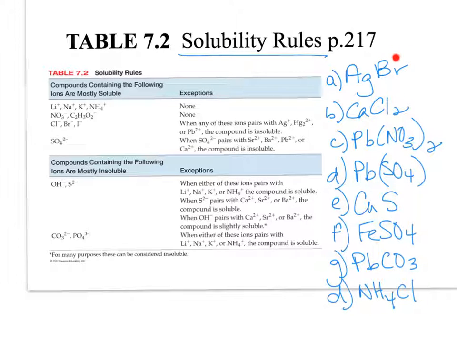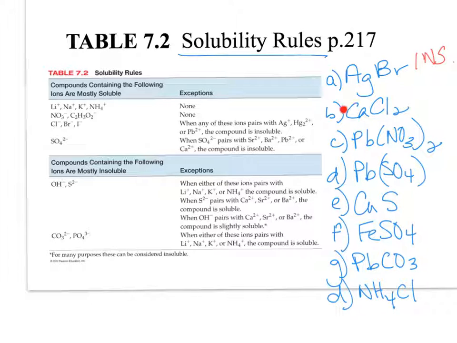So even though we have bromine, which would make the compound soluble, silver is an exception right here. So that means that this one is going to be insoluble. So I'm just going to put INS for insoluble.